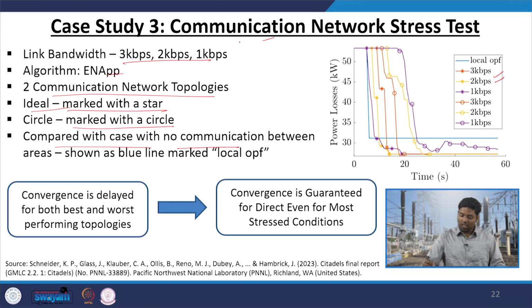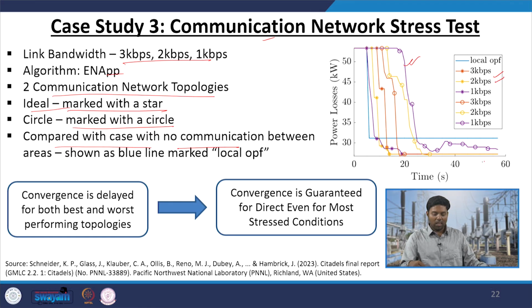Okay. So, you can see, if you reduce the bandwidth, that means you are stressing the medium, the communication is delayed, and if you go to the circular with 1 kbps, you will not even reach the solution after 1 minute. For other cases you will reach it, but it will be delayed convergence.